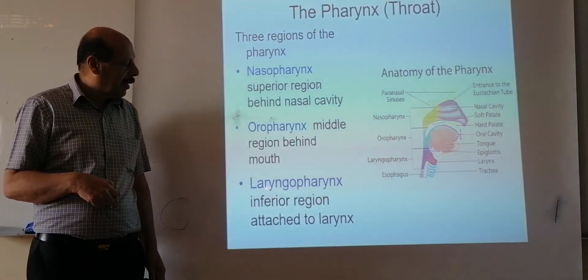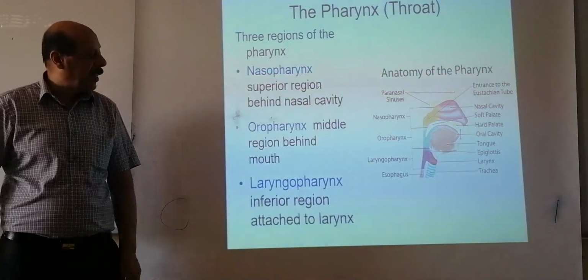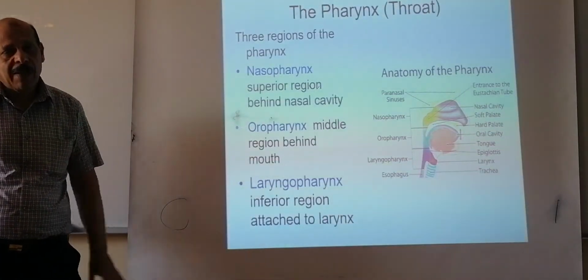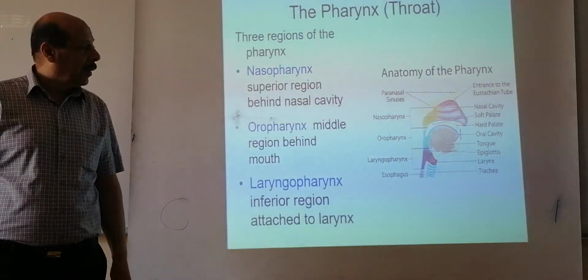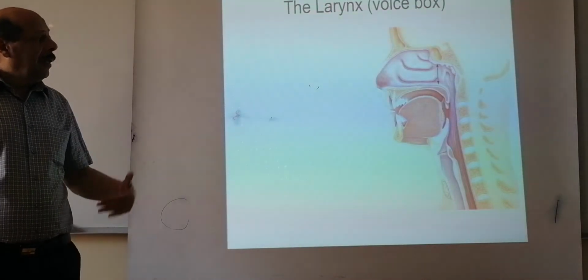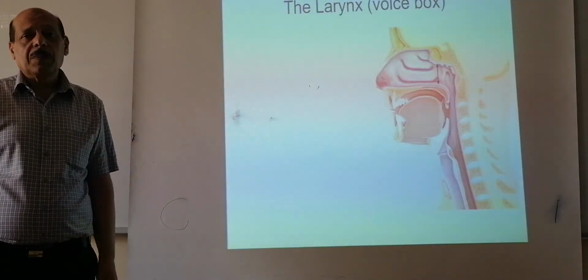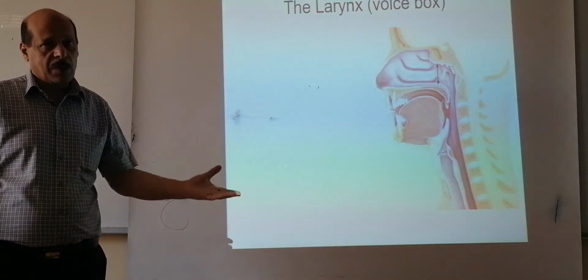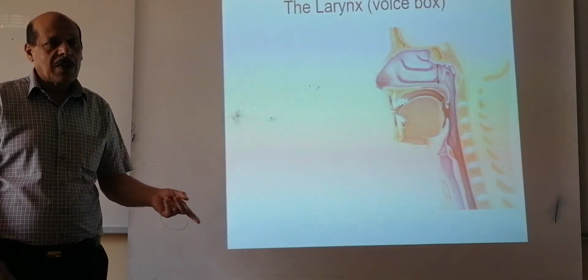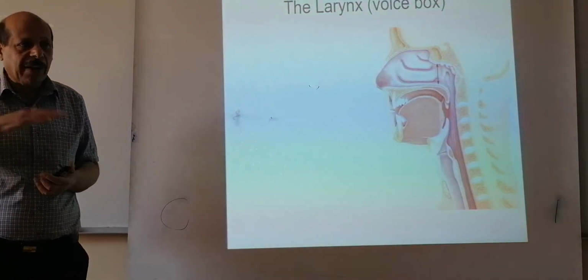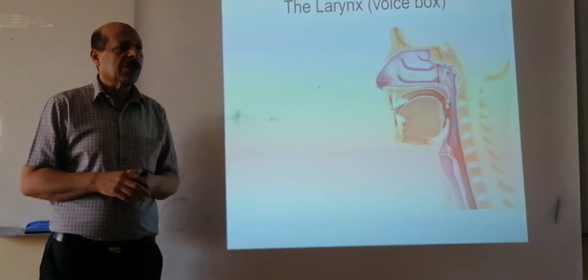The laryngopharynx is the inferior part attached to the larynx, which is the end of that. The larynx is also called the voice box, because it contains the vocal cords that vibrate in order to produce voice.